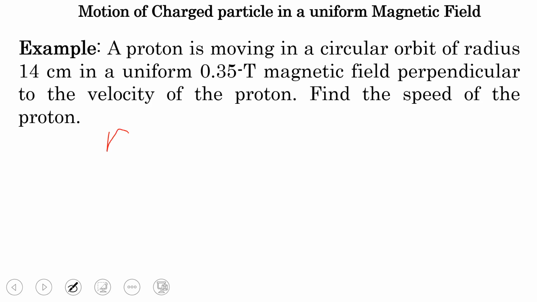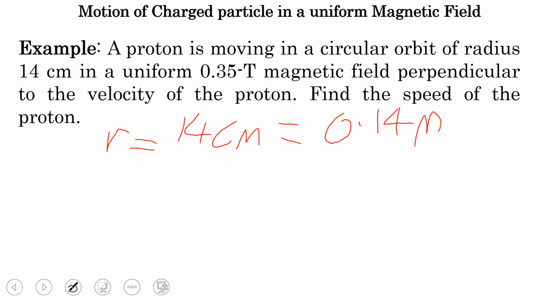If I were you, I would say radius 14 centimeters equals 0.14 meter, through a uniform magnetic field, B equal to 0.35 Tesla, perpendicular to the velocity of the proton.